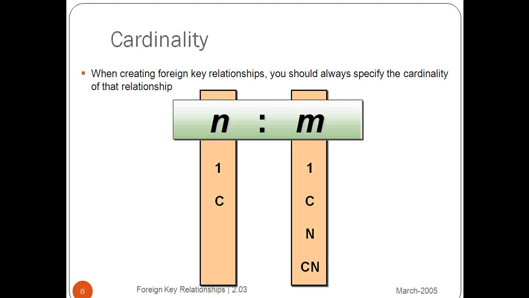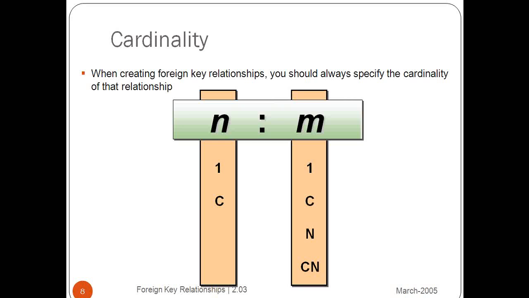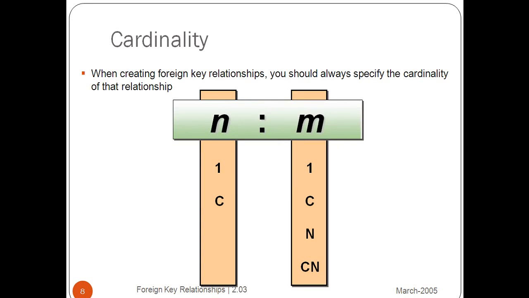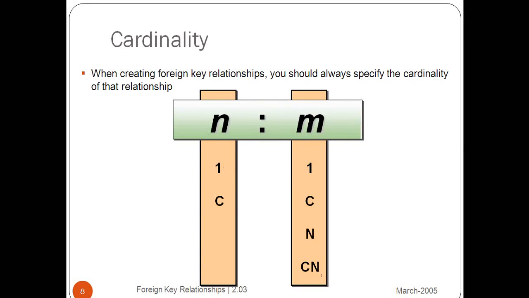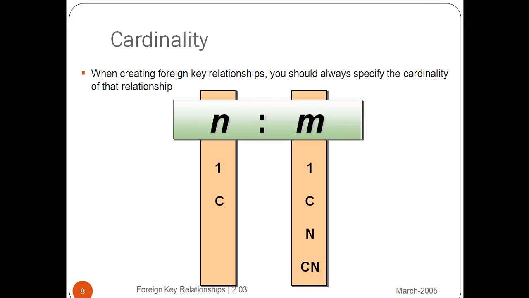So the cardinality should be maintained as 1 to N, because in the first table it should be 1, it cannot be less than 1, or you can maintain it as C to CN also. Sorry, 1 to CN is not possible; C to CN is possible, and 0 to 0 is possible.